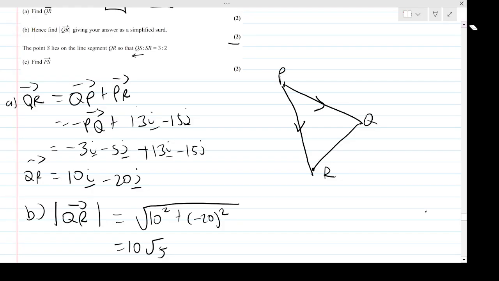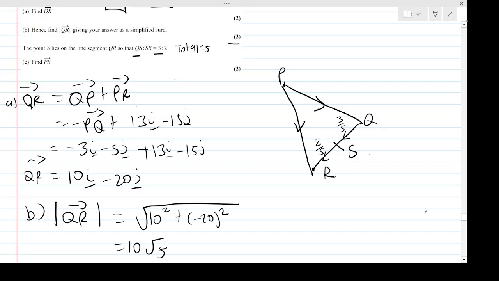So overall the total is 5 parts, the whole line QR. So Q to S is 3 parts, so it's going to be 3/5 of the line. That's going to be S. Then the remaining part from S to R is going to be 2/5, right? And there we are.